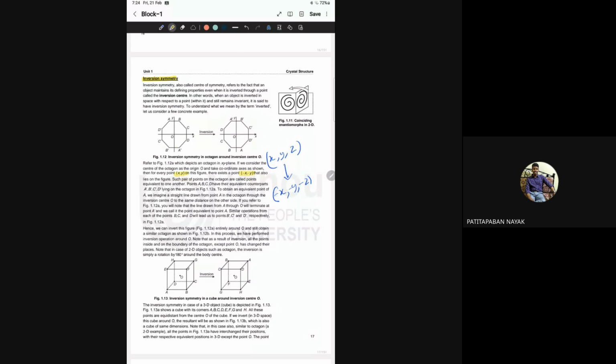This figure explains it, because inversion is somewhat three-dimensional, so you have to be a little careful while understanding it.